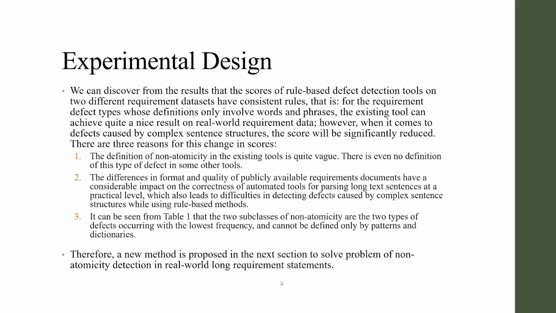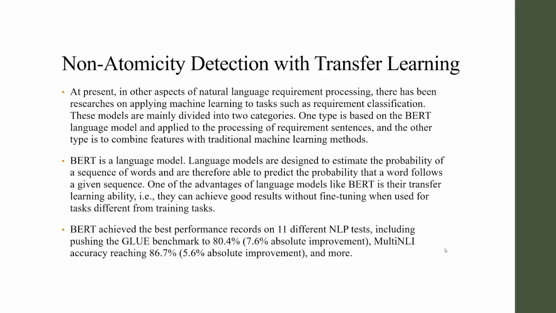Finally, it can be seen from the first table that the 2 subclasses of non-atomicity are the 2 types of defects occurring with the lowest frequency and cannot be defined only by patterns and dictionaries. Therefore, a new method is proposed in the next section to solve the problem of non-atomicity detection in real-world long requirement statements.